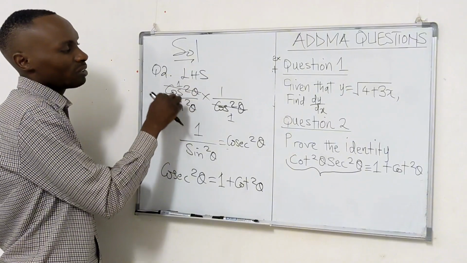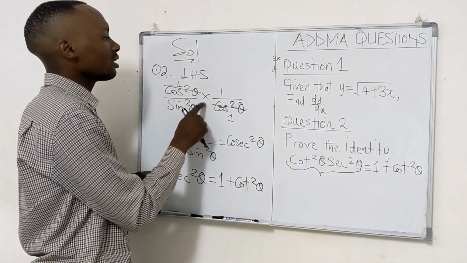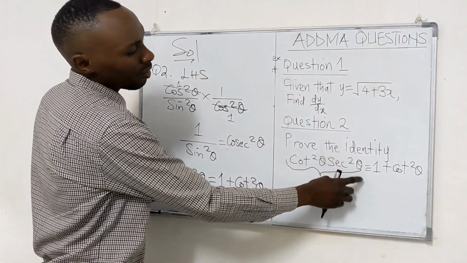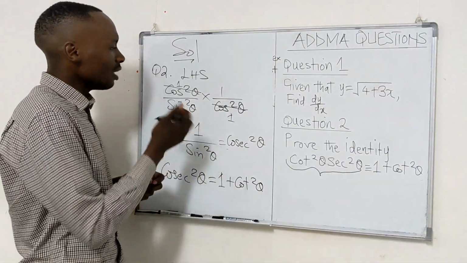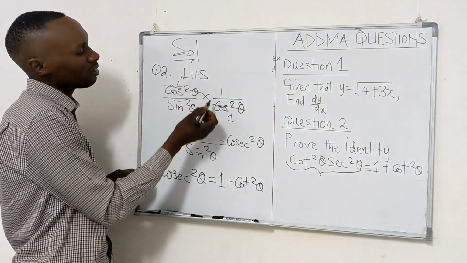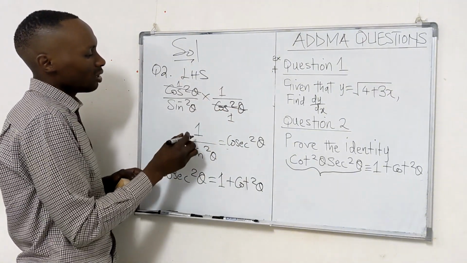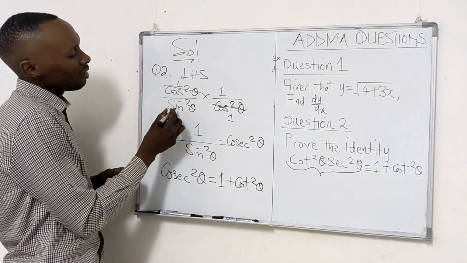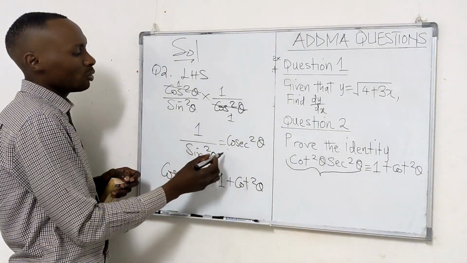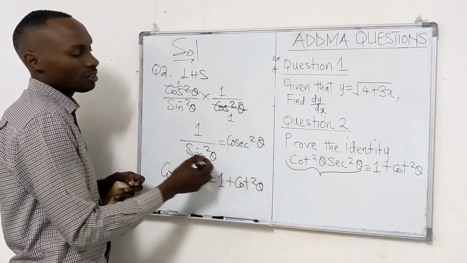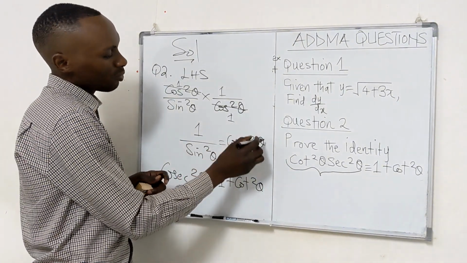So which gives this. We start with cos squared theta over sine squared theta, then times sec squared theta, which is the same as 1 over cos squared theta. And these two can simplify. So cos squared theta over cos squared theta, we're getting 1. 1 times 1, here we're getting 1. Then sine squared theta times 1, we're getting this. And we know that 1 over sine squared theta is the same as cosec squared theta.